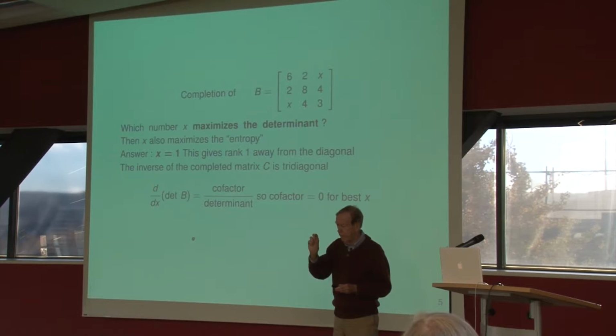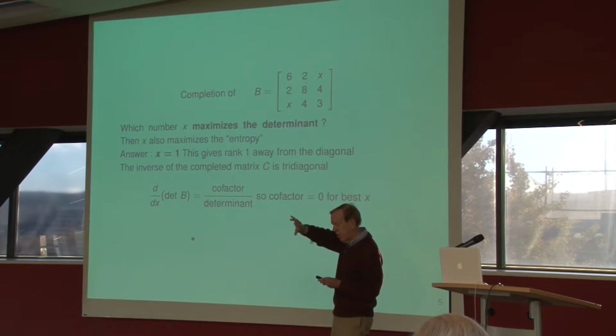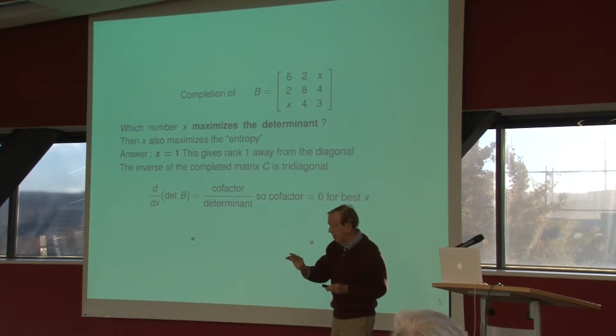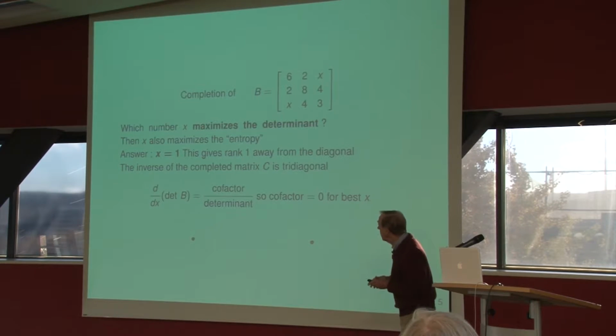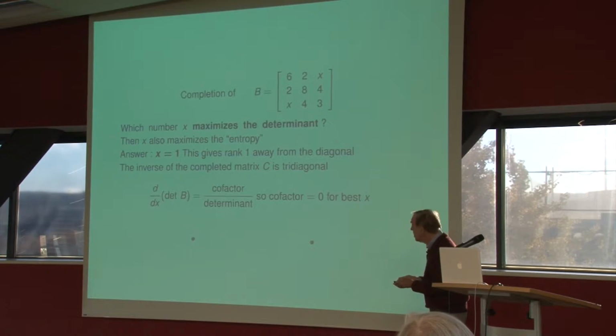Do you remember, if you have a multivariable Gaussian, you have that exponential with the covariance matrix up there, and then you divide by the square root of the determinant, and that determinant is important. So here's the nice result. What's the best x? What x makes that determinant a maximum?